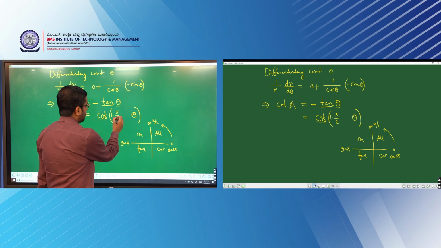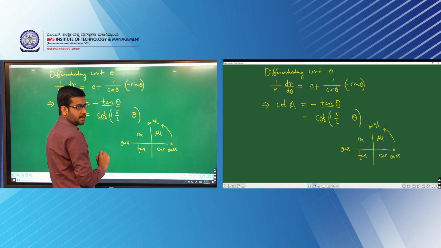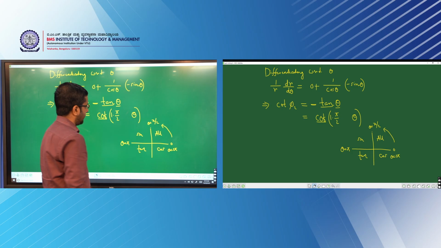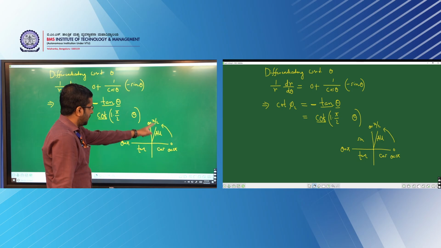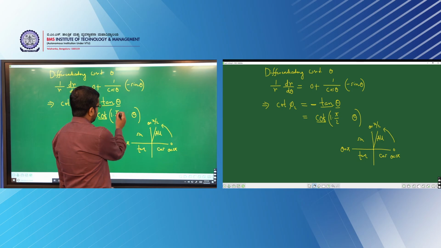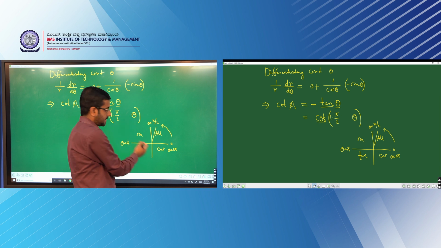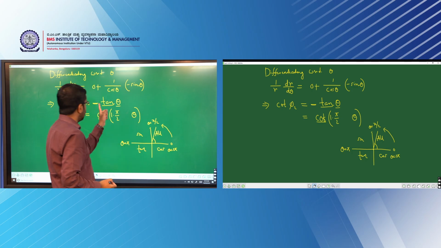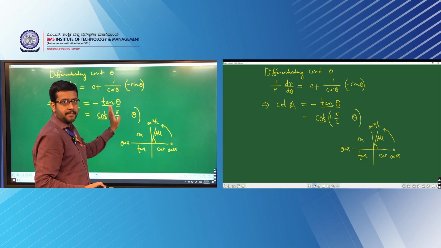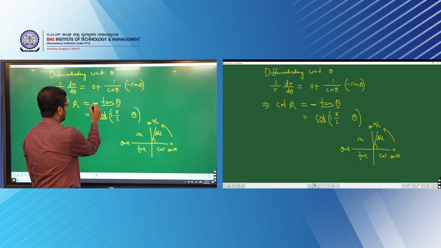So, if I put pi by 2 minus theta, then what will happen? The angle will come somewhere in the first quadrant, like this. If I do pi by 2 minus theta, it means from this 90 degrees I am subtracting theta, so the angle will come somewhere here. But here tan is positive, it will not give the correct result, here tan should be negative.